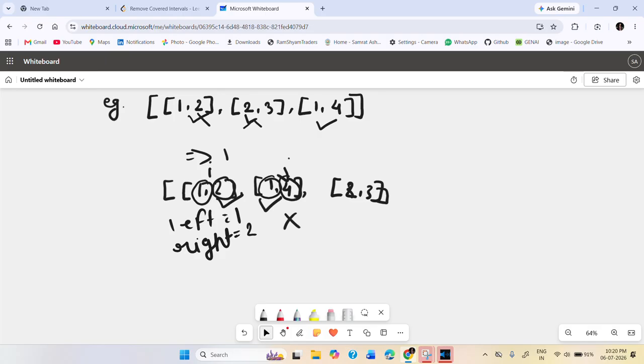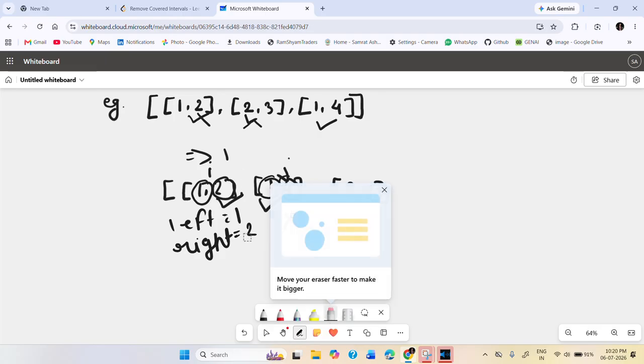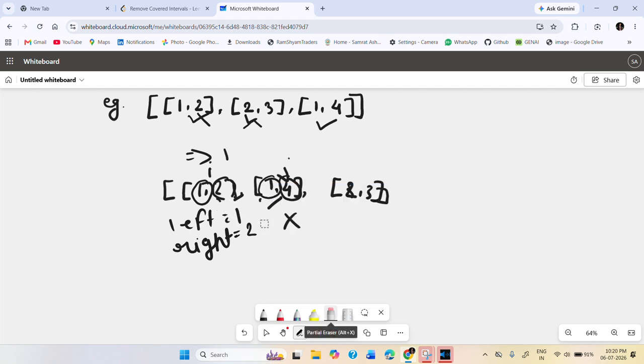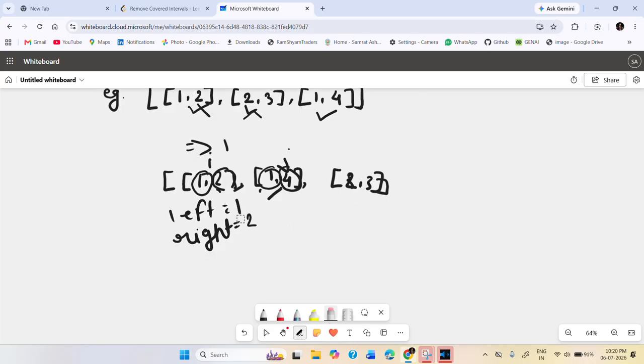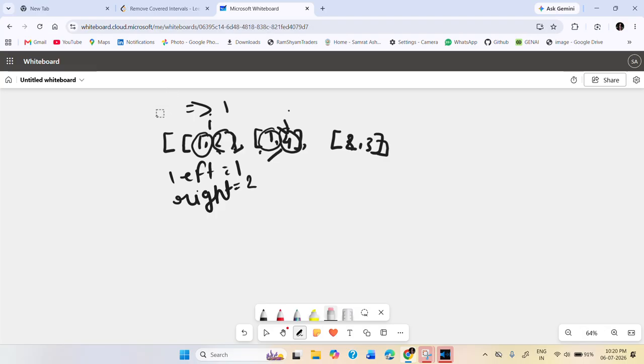So what to do now? The solution for this problem is that if we sort again, on the basis of the second element in descending order, listen carefully.